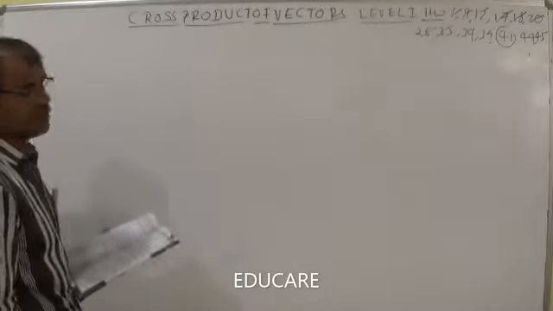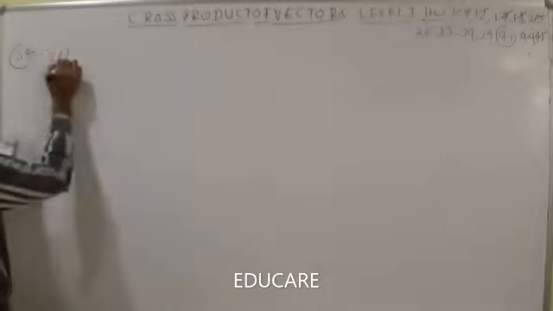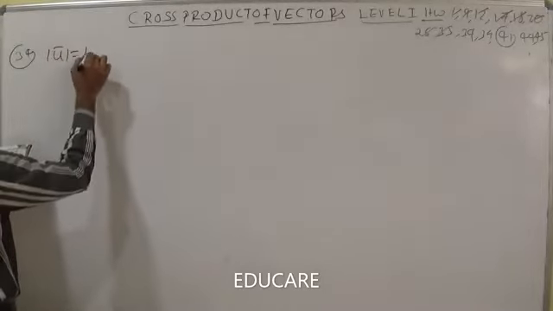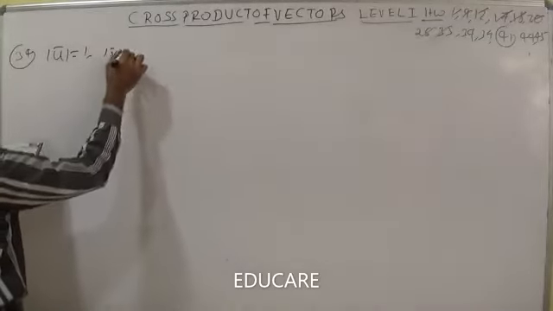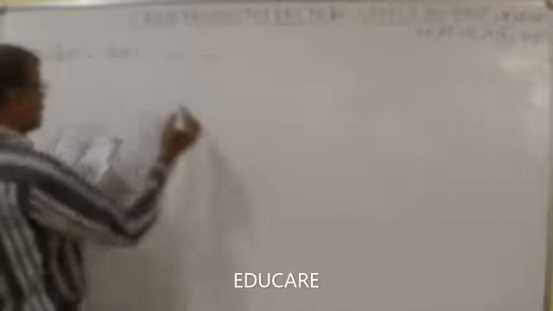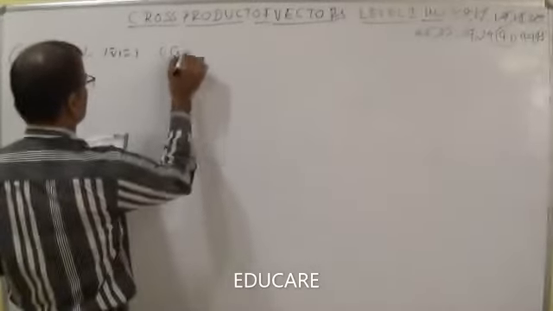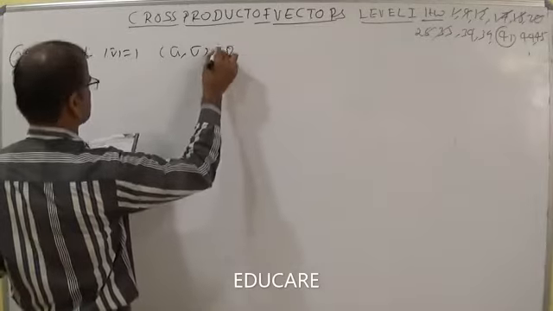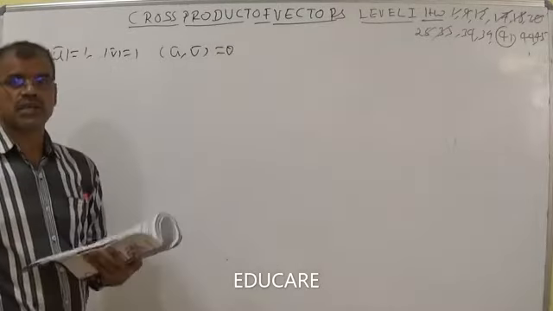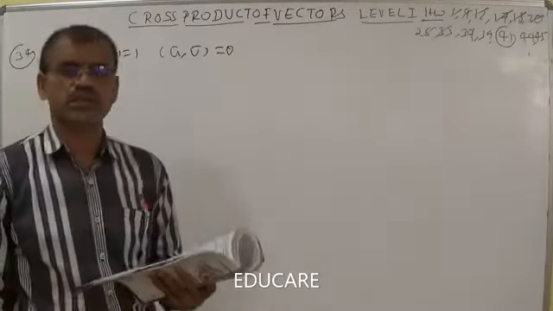Now let us discuss about 34th question. If u bar, v bar are unit vectors and theta is the acute angle between them, u bar unit vector, mod u equal to 1 and mod v equal to 1, angle between u bar comma v bar is equal to theta. Then he is asking the vector 2u cross 3v bar.